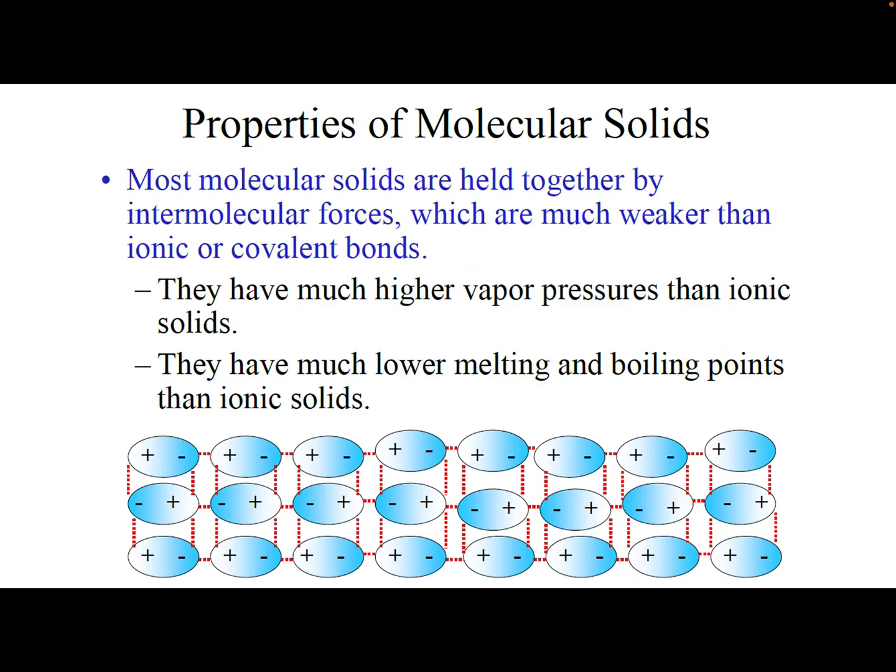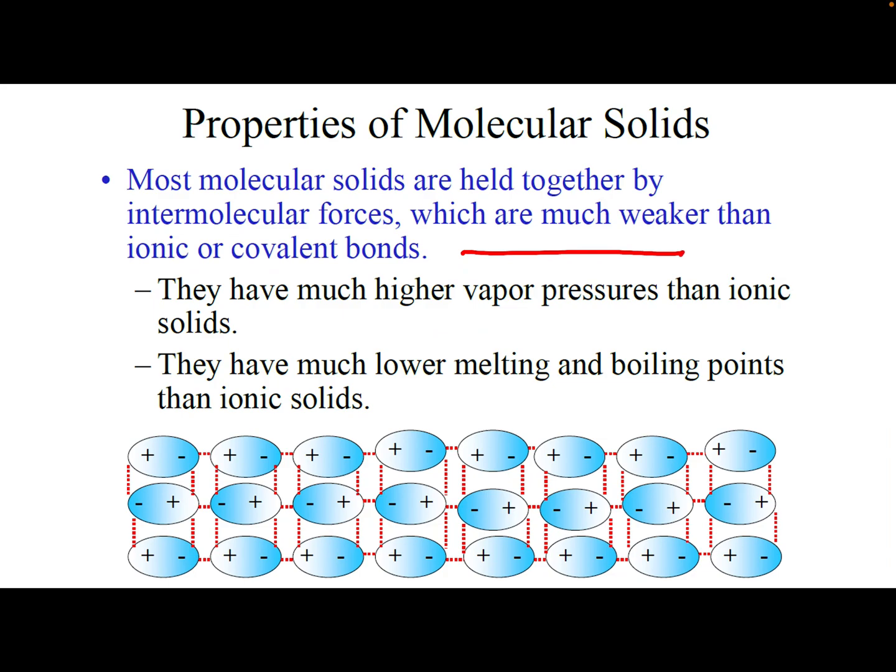So most molecular solids are held together by intermolecular forces that are a lot weaker than ionic or covalent bonds. Covalent network solids are held together by a network of covalent bonds, but we'll look at them later in this lesson. Molecular solids have much weaker forces.